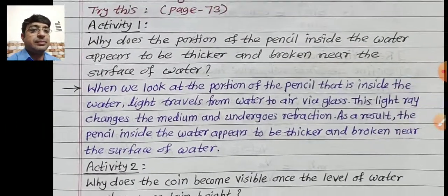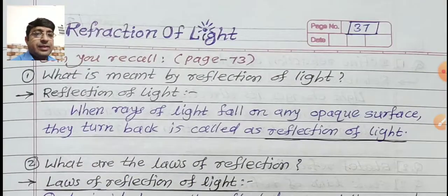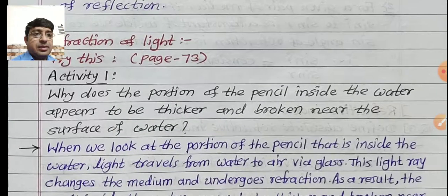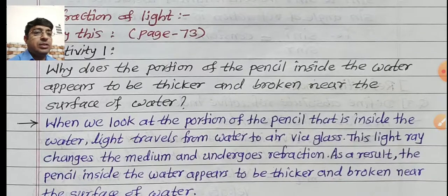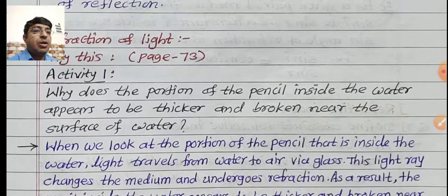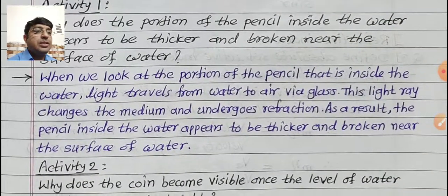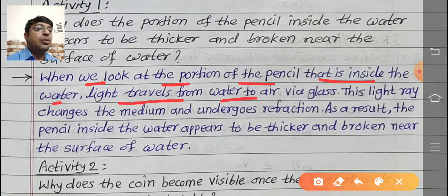So the answers of these two activities we learn separately on the papers. Now see the first one. Why does the portion of the pencil inside the water appear to be thicker and broken near the surface of water? The answer is, when we look at the portion of the pencil that is inside the water, light travels from water to air via glass.